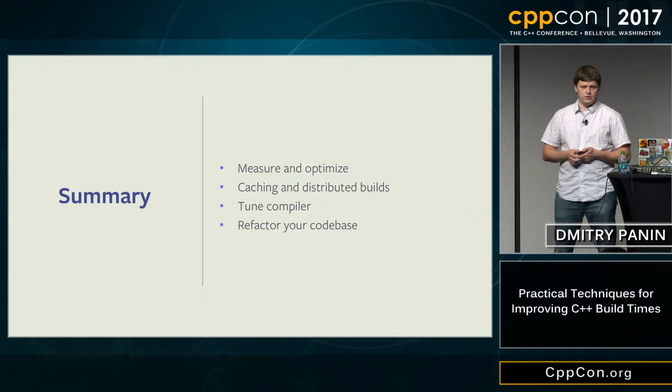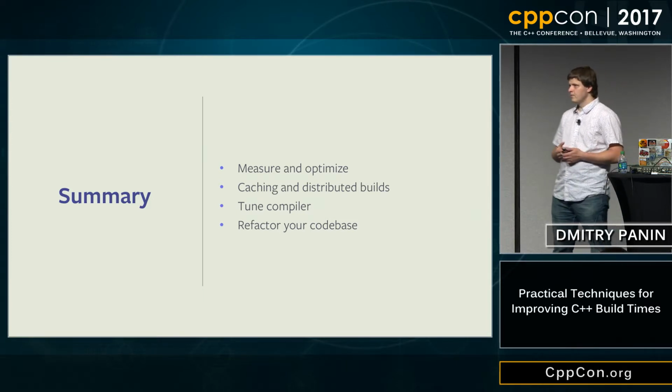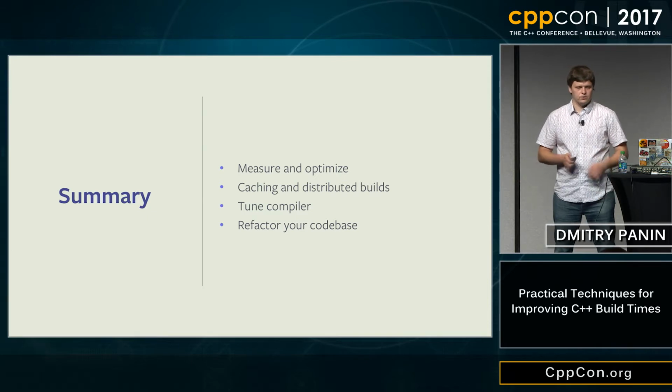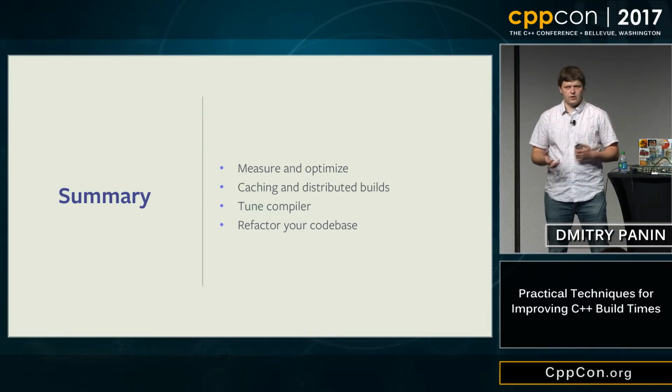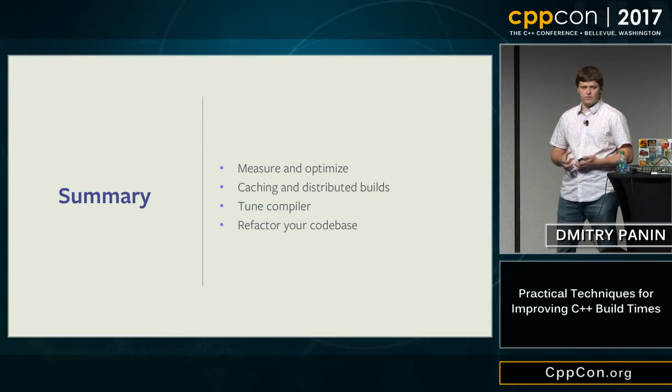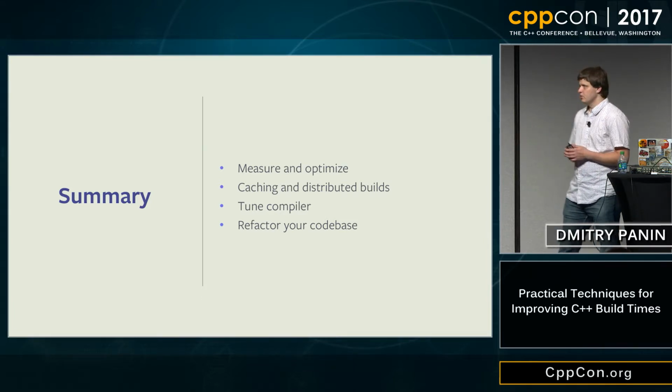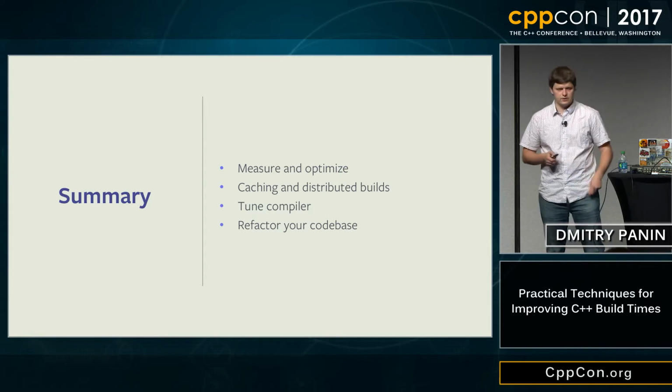Caching and distributed builds were the most effective things to speed up the builds, and they are fairly easy to use. Ccache and Goma, for example, provide transparent wrappers that you use instead of your compiler, and it works under the hood.